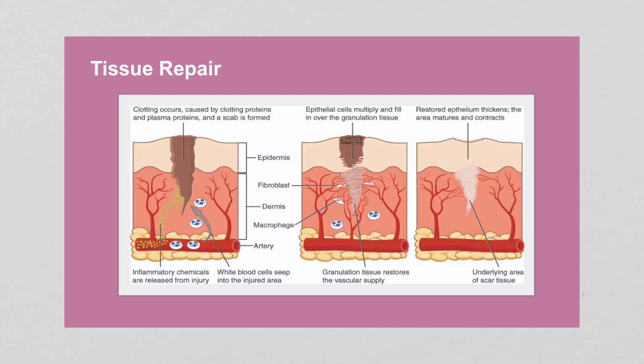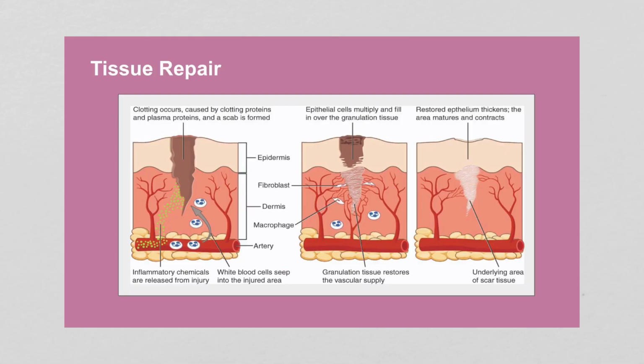So inflammation, chemicals are released that tell the body that there's been an injury, and those chemicals are going to call more fluid to the area, white blood cells, all sorts of different immune cells to kind of stabilize that area and clean out debris and any pathogens that make their way in.